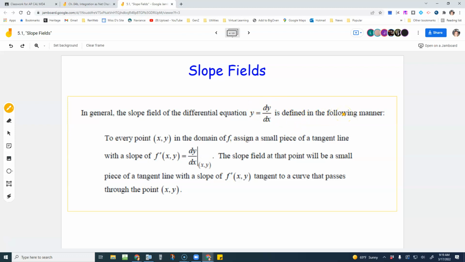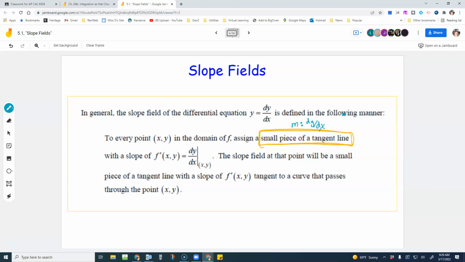To every point, so we're thinking about points, x's and y's, assign a small piece of a tangent line. Did you write down in the beginning of 8.1 something about small line segments? They're talking about small tangent line segments. So now all of a sudden we're like, oh, okay, small tangent lines. That's why I have to be thinking m is coming from my differential equation.